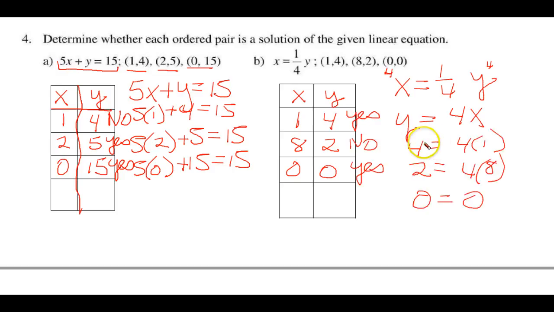And here, if we substitute, our y is 4, x is 1, 4 equals 4, yep. Here we're going to substitute 2 for the y, is 32, that one's no. And then if x is a 0 and y is a 0, 0 equals 0 is a yes.